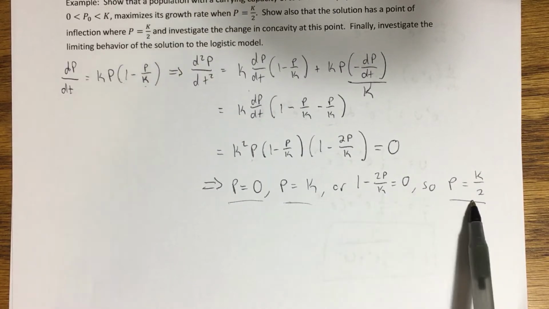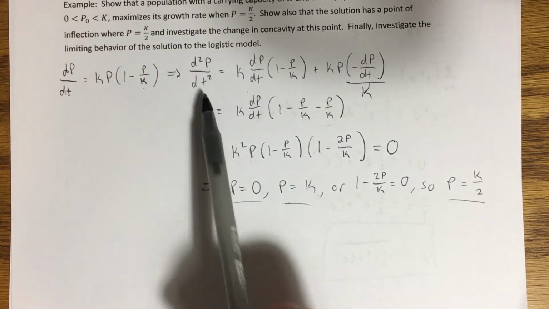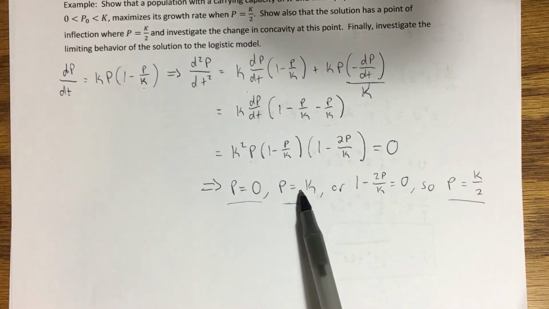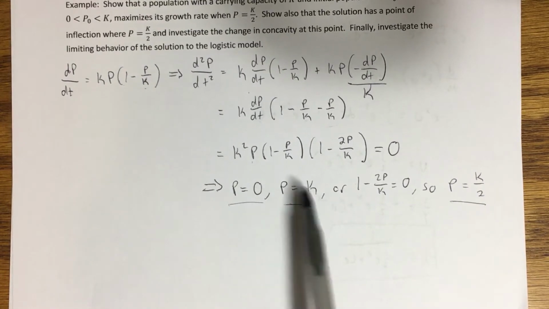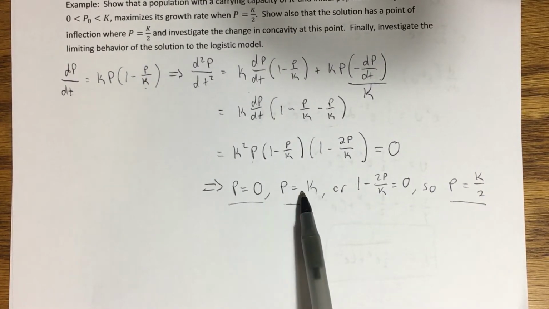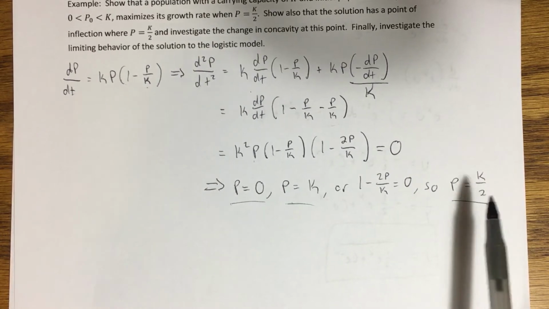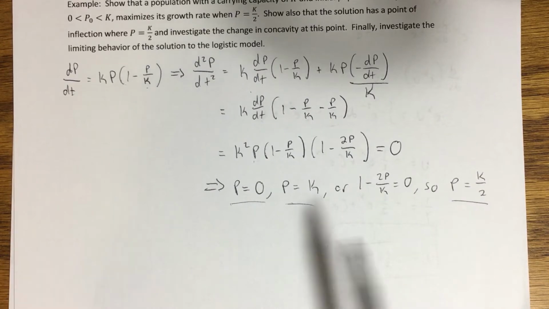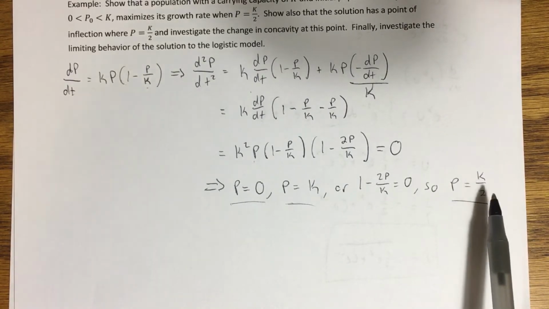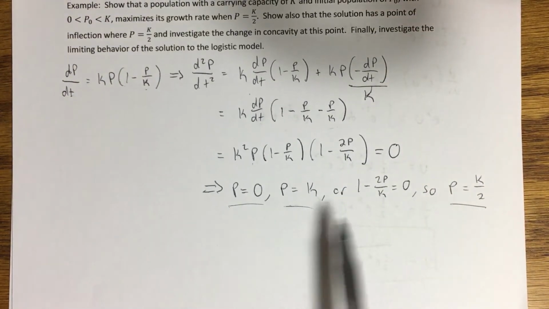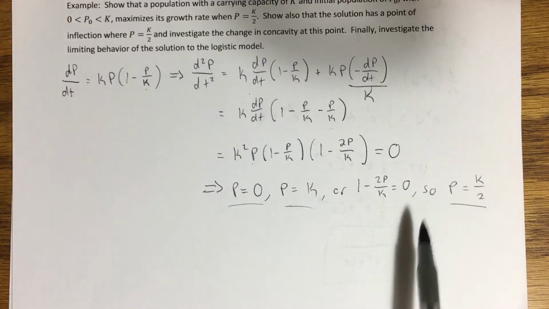We just did that, right? Here's our second derivative of p with respect to t, and we found the values for which it's equal to 0, and we determined that these two values don't actually show up anywhere on the curve because they're asymptotes. So this is the only thing worth mentioning. And you need to also show that you have a change in concavity as t increases past that point, right?